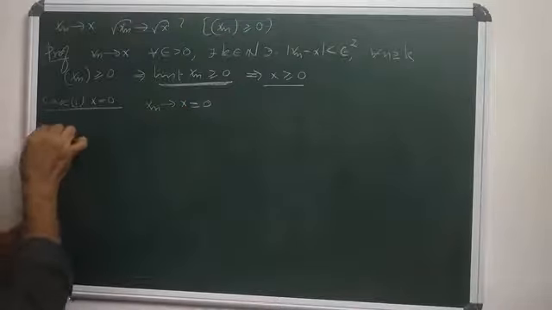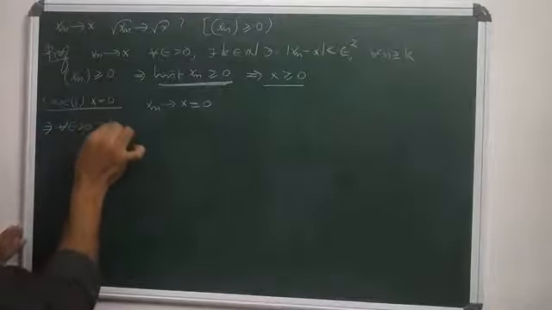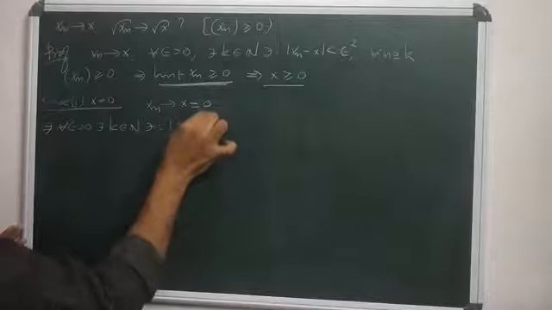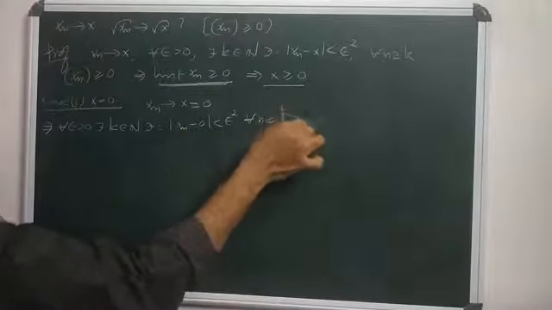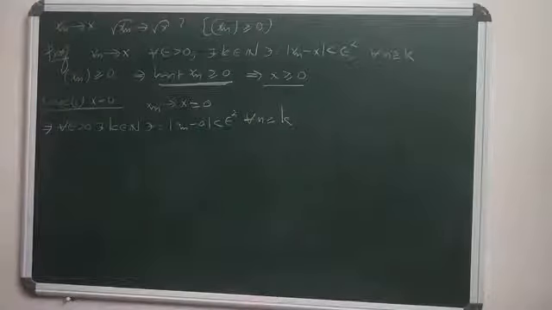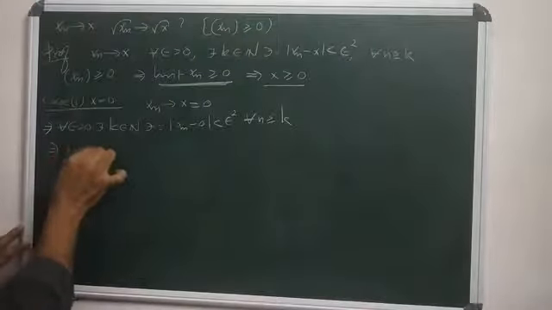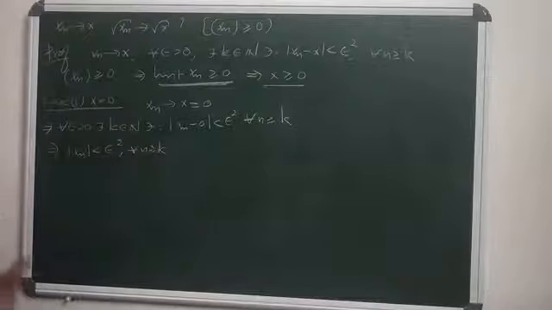So from here, for all epsilon positive, there exists a k in N such that |xn - 0| < epsilon squared for all n >= k. So that means |xn| < epsilon squared for all n >= k.